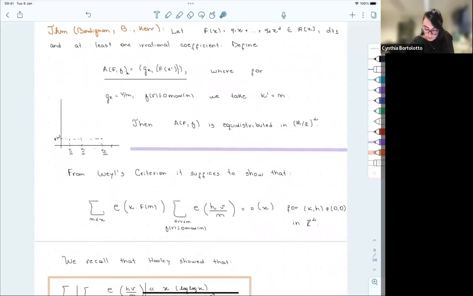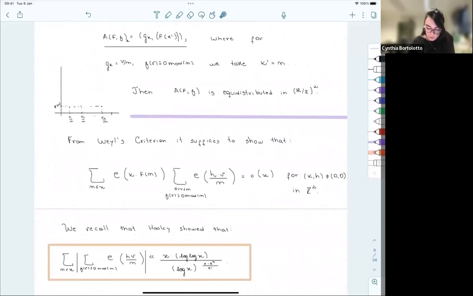And we observe that Huli showed that this holds with the modulus inside the sum here. So whenever h is different than 0, we can just use Huli's result and the triangle inequality. And then we get exactly this.